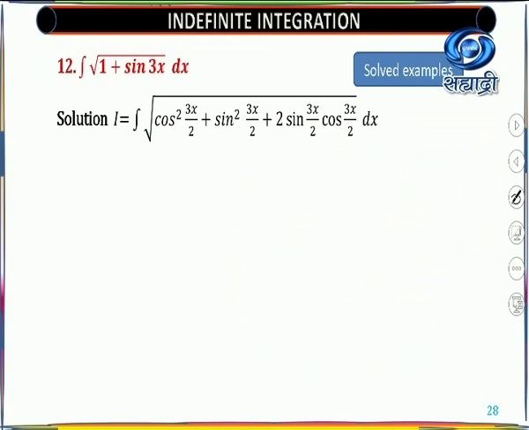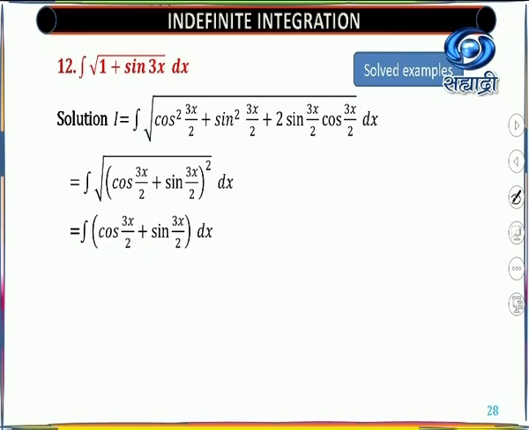This is a bracket square and it will vanish your root, because you will get integration of root of (cos of 3x upon 2 plus sin of 3x upon 2) bracket square. Now it's a bracket square, meaning the root sign will not be there. So you will get integration of cos 3x upon 2 plus sin 3x upon 2 dx.